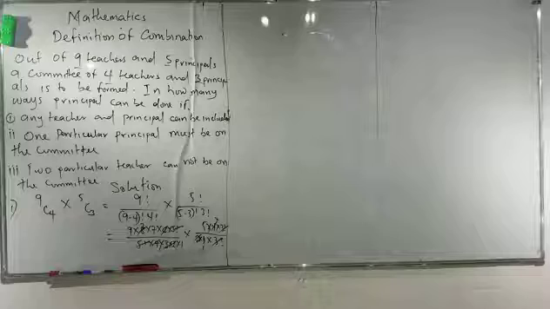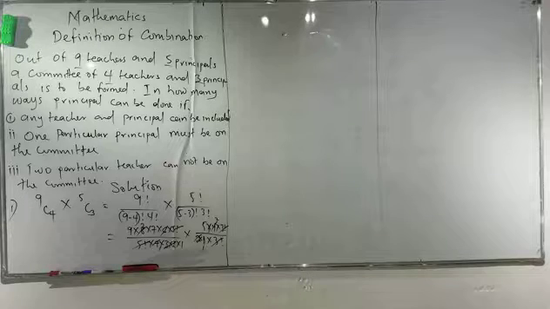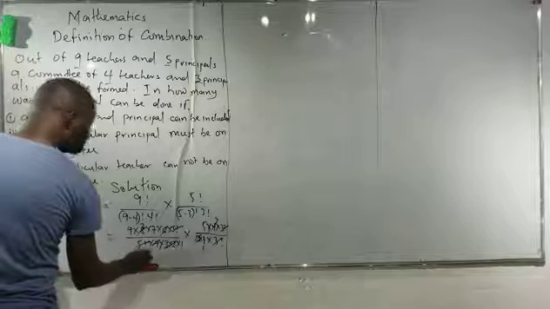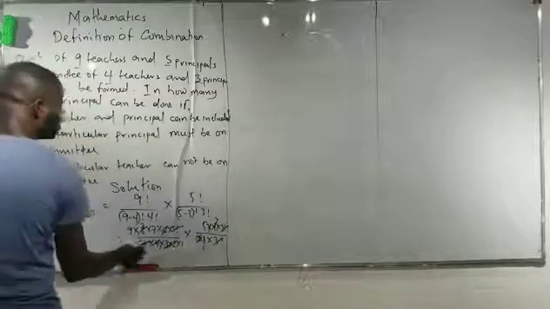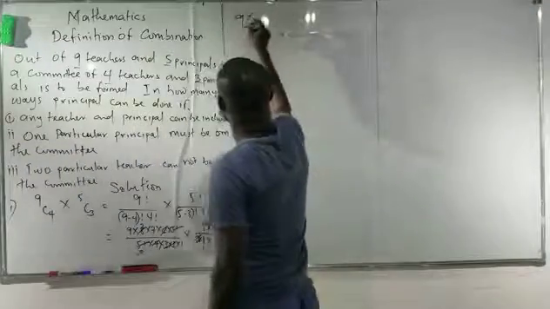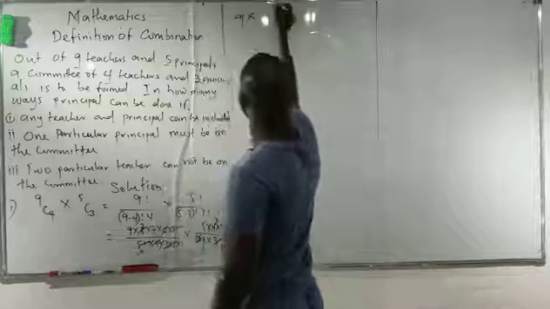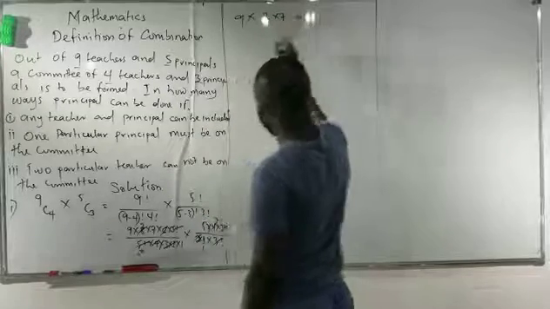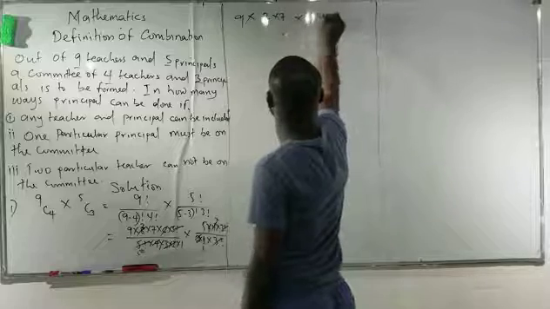Now, 14 times 9. Let me just quickly do it like this. 9 multiplied by 2, multiplied by 7, multiplied by 5, multiplied by 2.